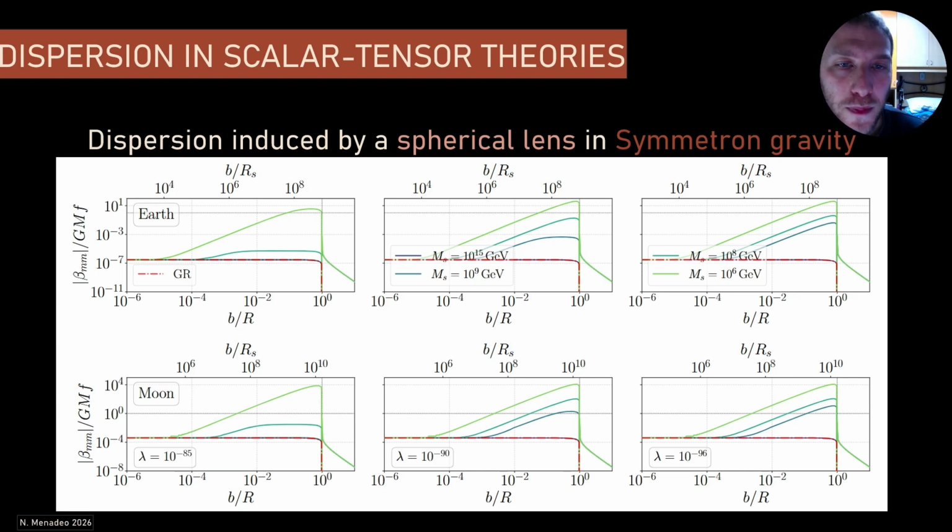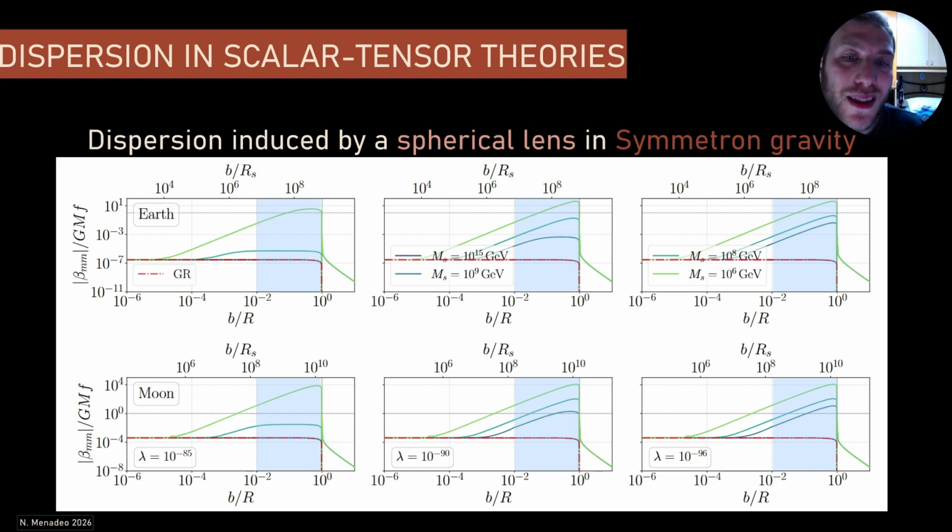We can see, for example, that unlike the point lens we discussed before, the spherical lens induces a small dispersive effect also in GR. However, once the symmetron parameters are varied, the effect for the scalar tensor theories becomes significantly larger.